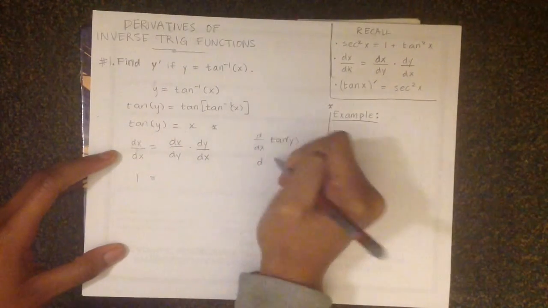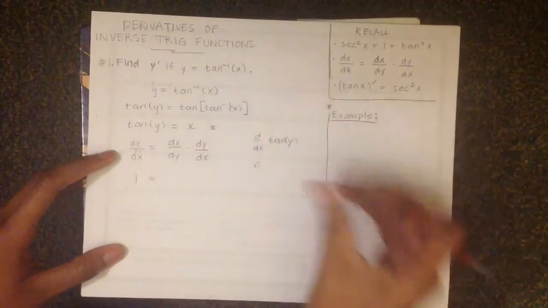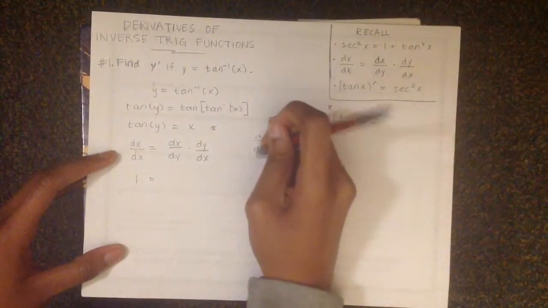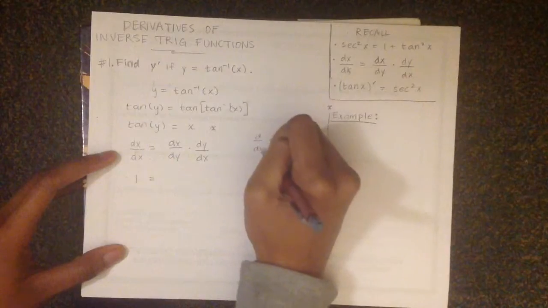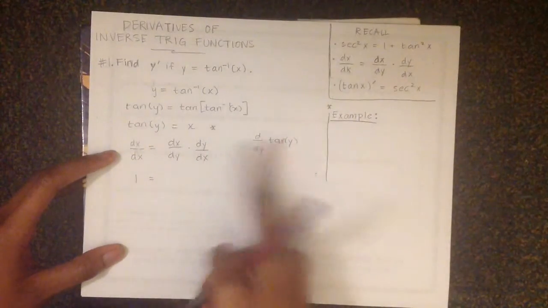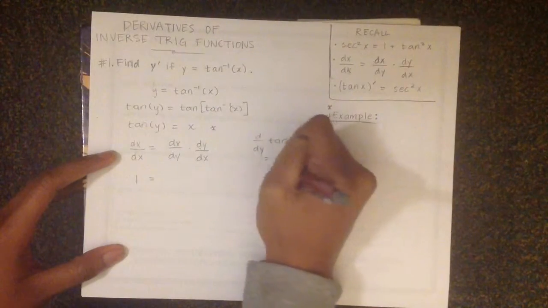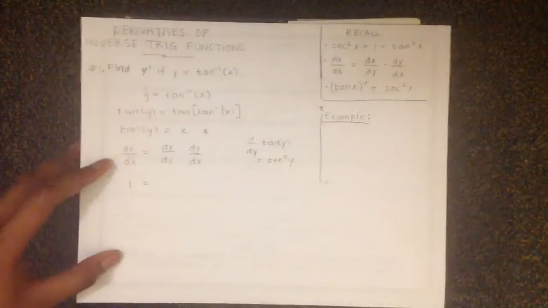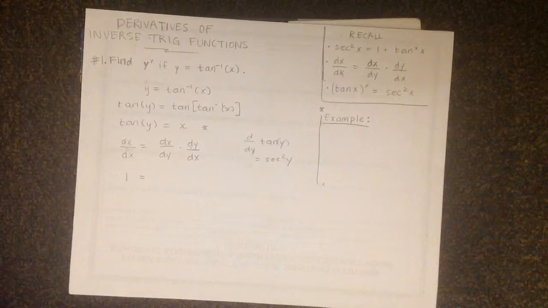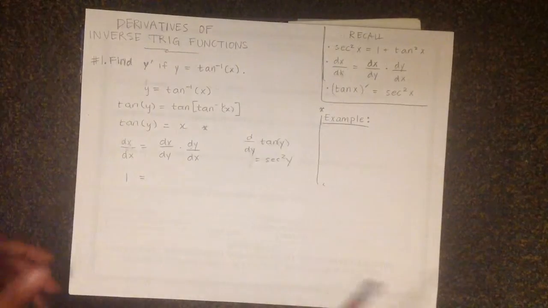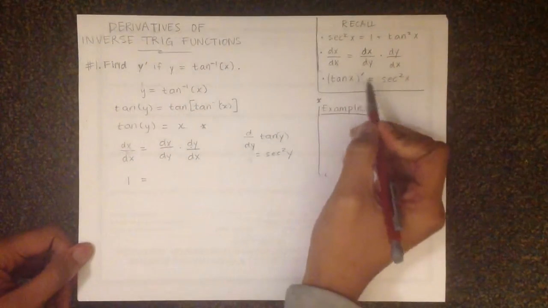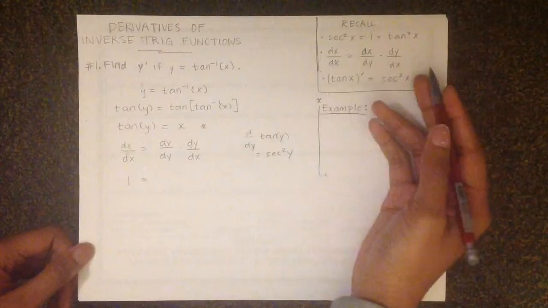And the derivative of tangent of y with respect to y is secant squared of y. If you don't know how I got that, that's actually something that you probably should have learned earlier in calculus: that tangent of x prime is equal to secant squared x.